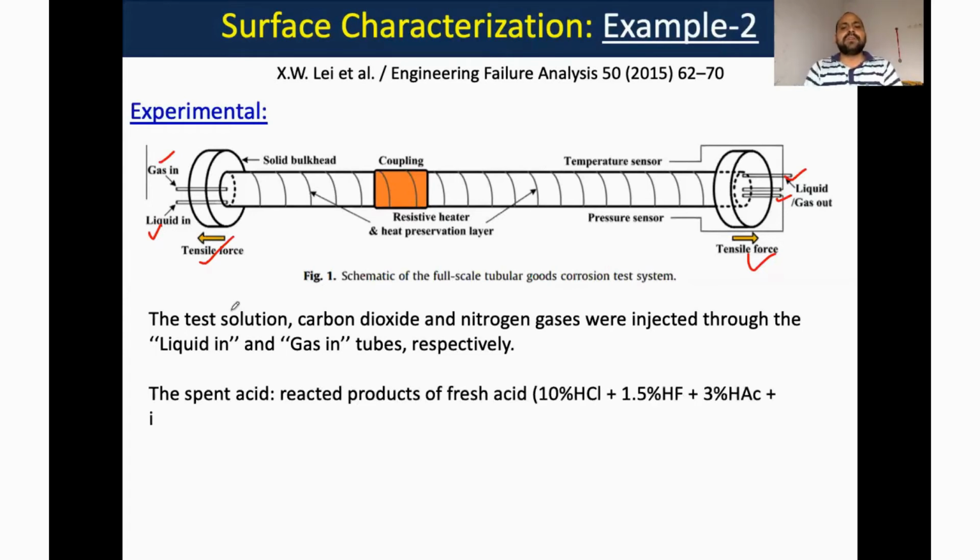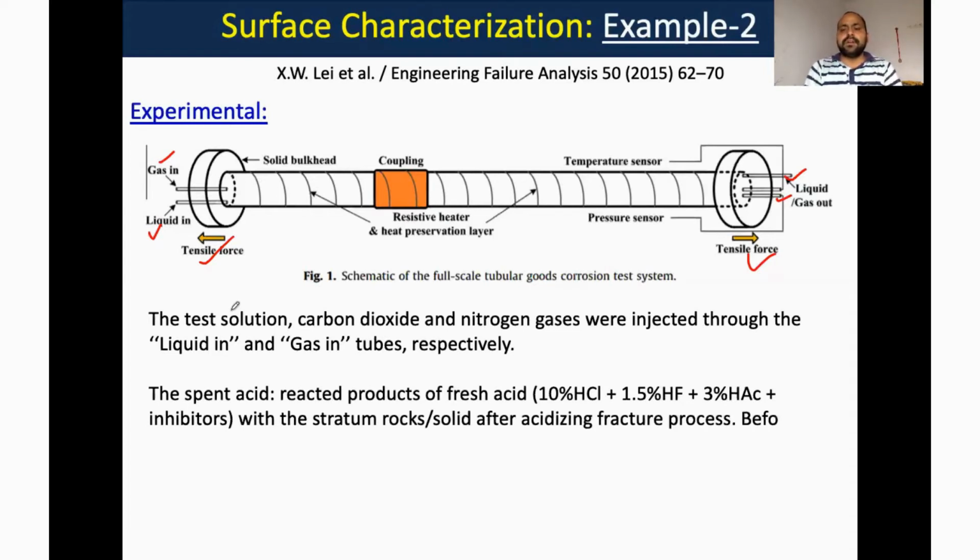This is basically a reaction product of acids which contain 10% HCl, 1.5% HF, 3% HAc, plus a few added inhibitors, and then stratum rocks or some solid after the acidizing fracture process. Before the test, they fill the full tube with this spent acid and then flow the gas.